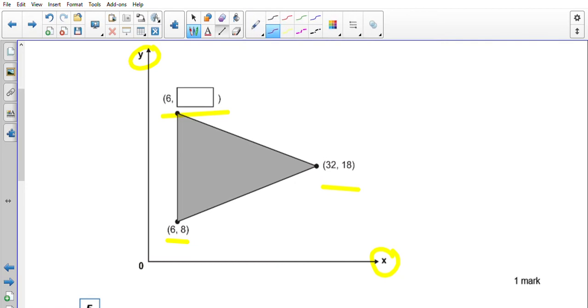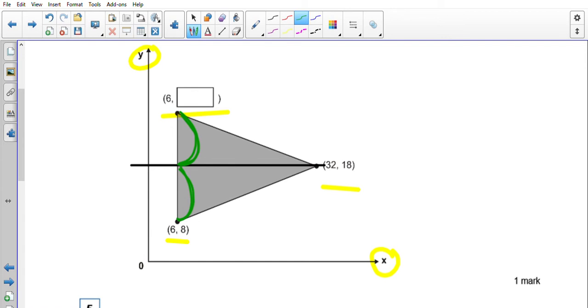Now, what we can know about an isosceles triangle is that the distance from here to here is going to be the same as the distance from the corner to the middle point here. So corner to middle point, corner to middle point, middle point to corner. Those two are going to be identical.